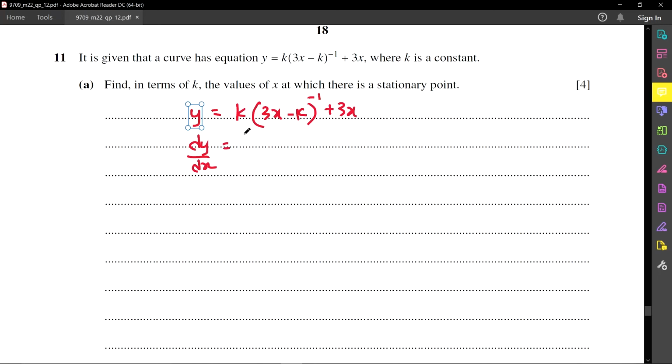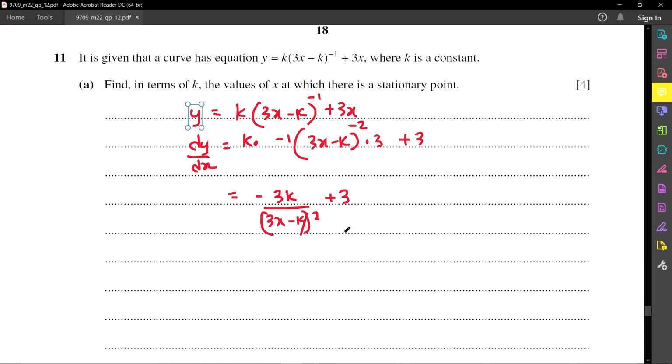So this will be equal to k. Use the power rule along with the chain rule. So minus 1 into (3x minus k) to the power minus 2 into 3, since the differentiation of 3x is 3. This will give you minus 3k by (3x minus k) whole squared, plus 3.